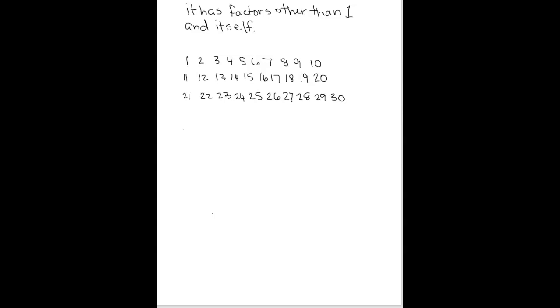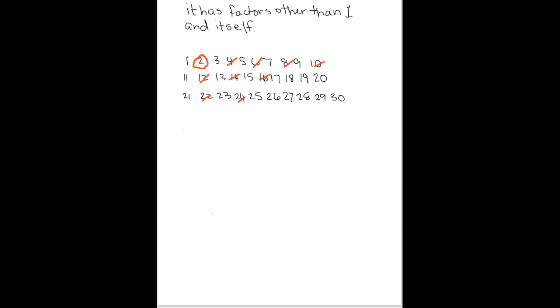All right, so the very first thing I'm going to do is start with any number greater than 1. 2 is a prime number. Now anything that is a multiple of 2 is not a prime number. It's a composite number. So 4, 6, 8, 10, and all of those multiples.